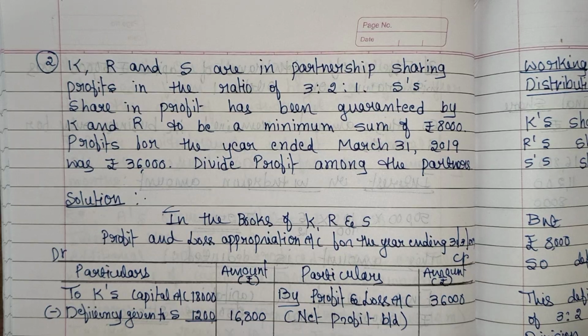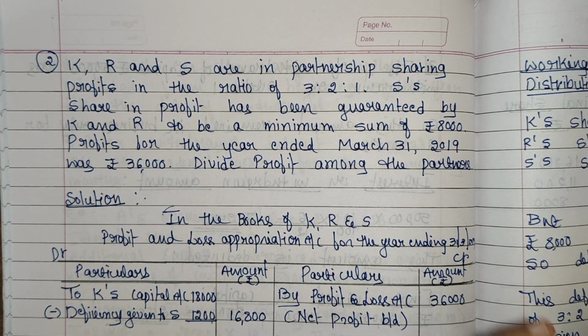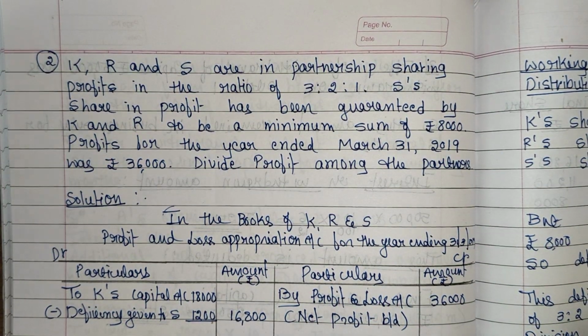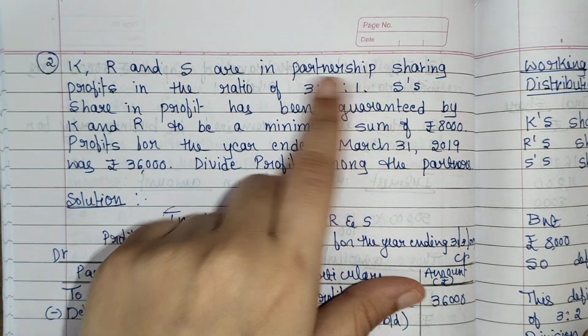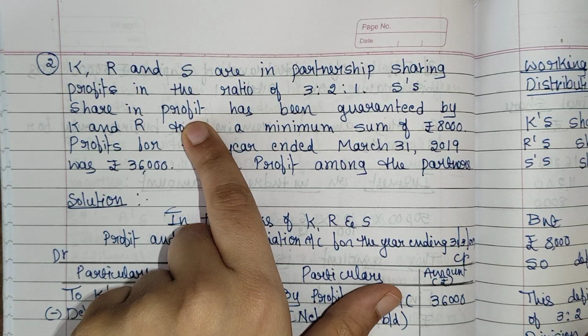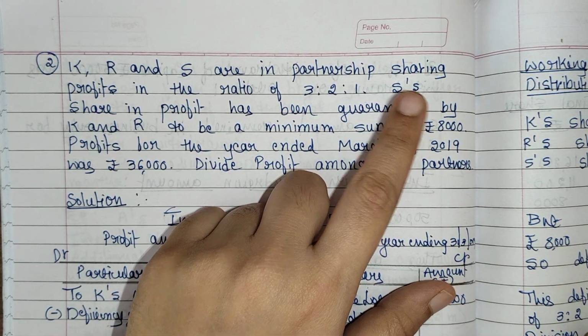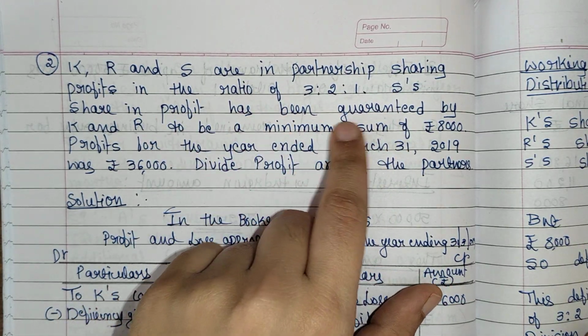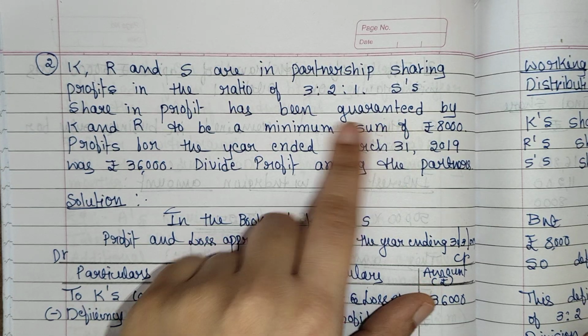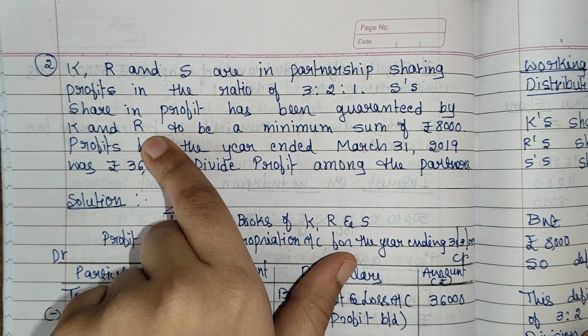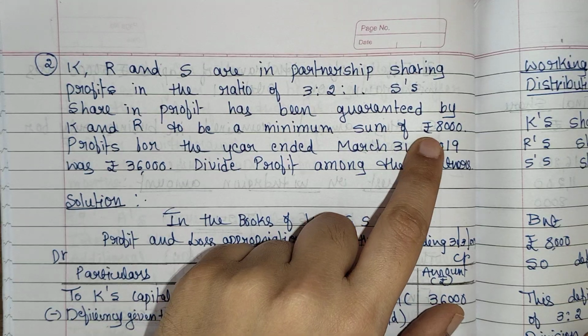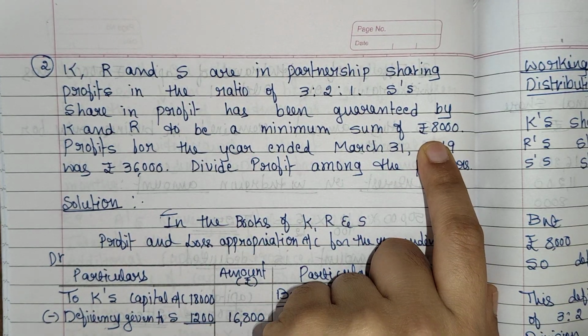So see, this problem is very simple and very short, but this is a very important problem. So listen very carefully. S's share in profit. S is the partner, right? His share in profit has been guaranteed by K and R to be a minimum sum of rupees 8,000.